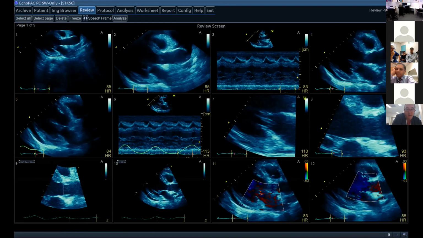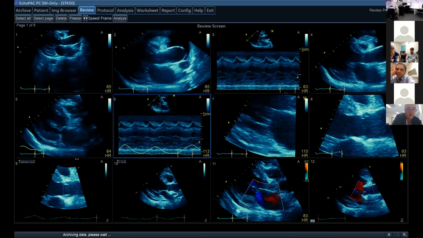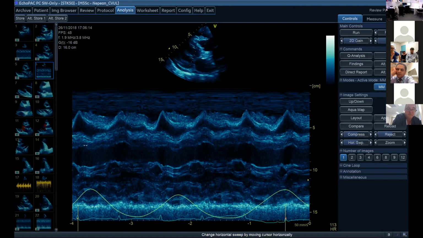This is quite a nice one as well. This one's a really nice view for picking up a couple of things. As well as the collapse of the right ventricle, which we can see up at the top here, we can also see that we've got some swing in the interventricular septum.